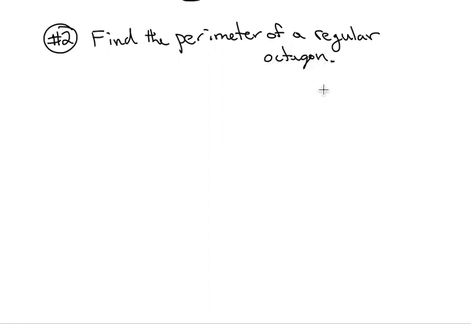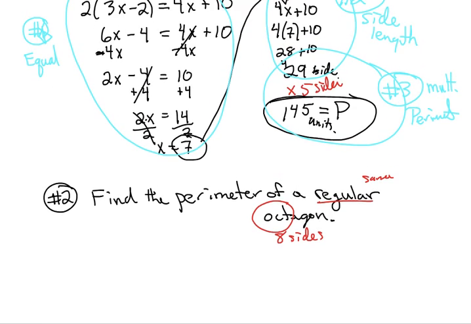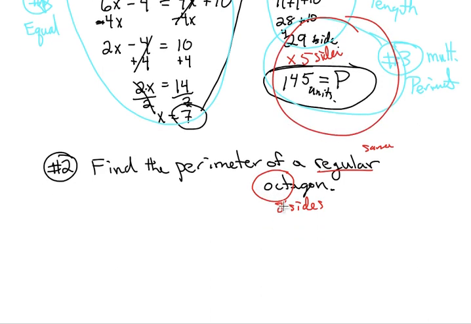So, a couple things. We know perimeter now. We need to think about regular, which means the same, so all the sides are the same, and octagon. Oct stands for 8, because like an octopus has 8 arms, so 8 sides. So I'm thinking, like up here on our third step, instead of multiplying by 5 sides, I'm going to multiply by 8 sides.